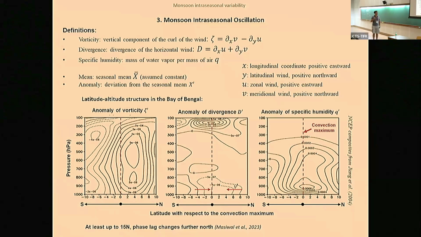And then this convergence here, just in this axisymmetric framework, can be attributed to the vorticity here. It's essentially the barotropic maximum of vorticity here that would create, by frictional convergence, convergence in the lower level.